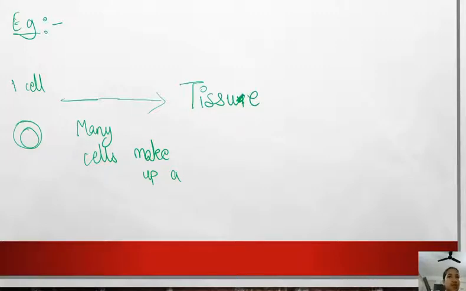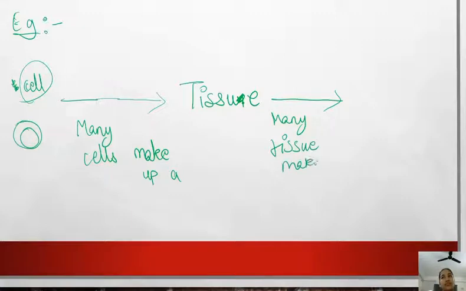This is one cell, then the cells make up a tissue. Now many tissues make up an organ.